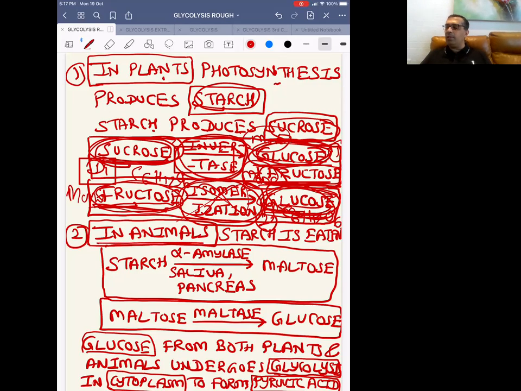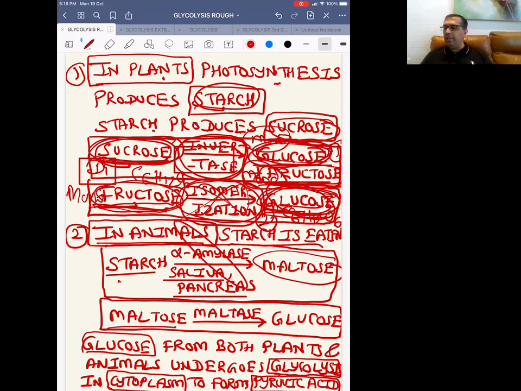In animals, starch खाया जाता है. हम लोग जब पोटैटो, आलू, ब्रेड खाते हैं, starch is eaten. Starch, we remember, in the presence of alpha amylase, which is produced first by saliva, 30% starch is broken, and then by pancreatic amylase, 70% starch is broken. What does starch become? Maltose. ये तो हमने किया digestion में.